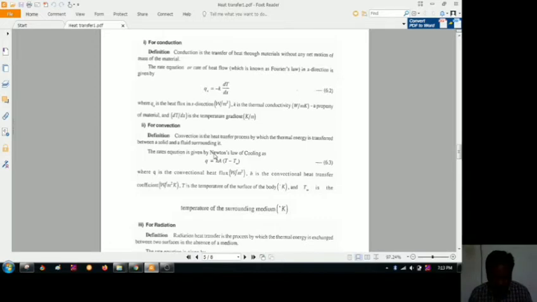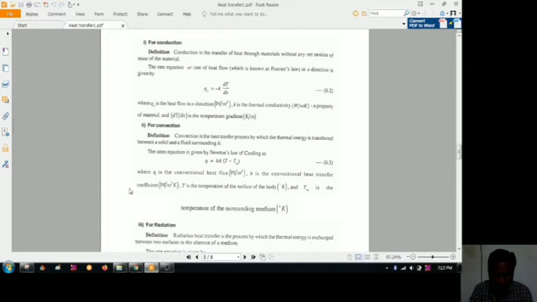The rate equation is given by Newton's law of cooling. Q is equal to h into A into the temperature difference, that is T minus T infinity.